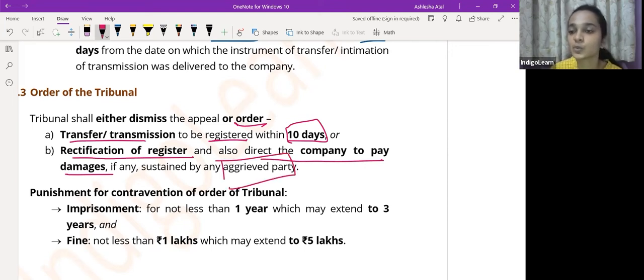Aggrieved party matlab the person who suffers because of the company not registering the transfer.